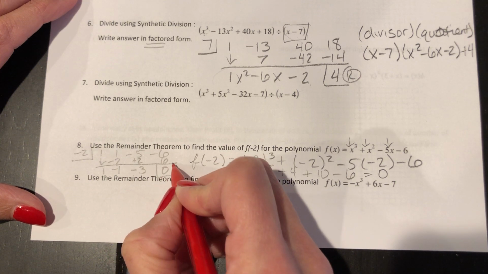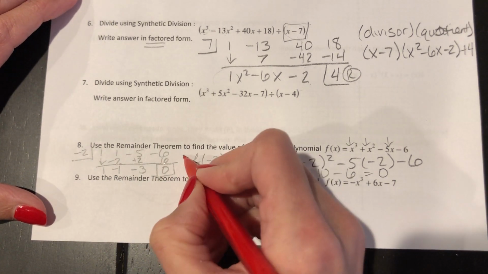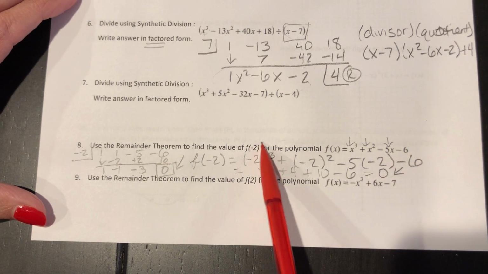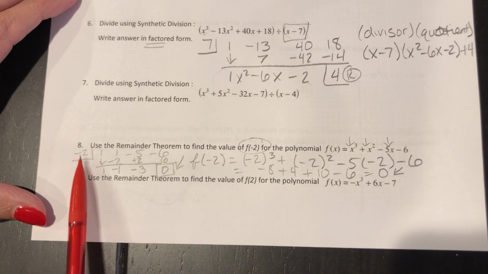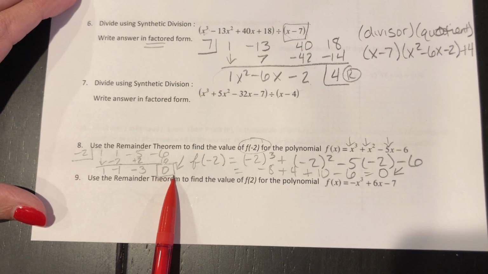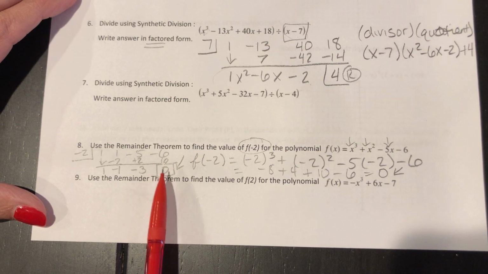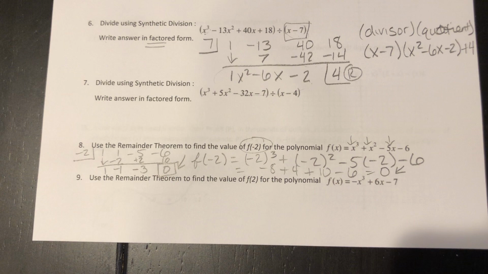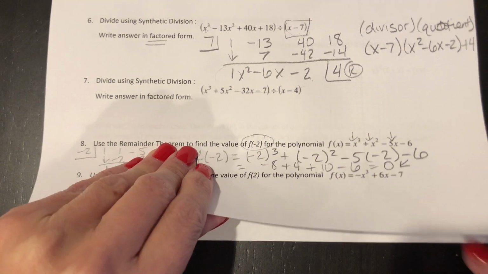And then my remainder would be my answer. So 2 ways to do it. Either plug in the value or synthetic division is the other method, and then the answer is the remainder there. So either way to do that. All right, number 9 you'll do on your own. Let's move on to the next page.